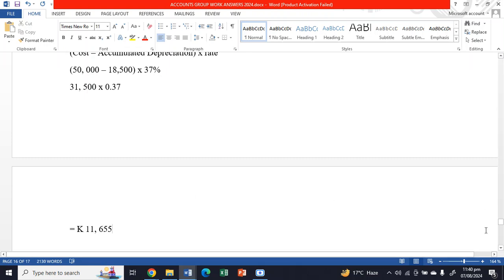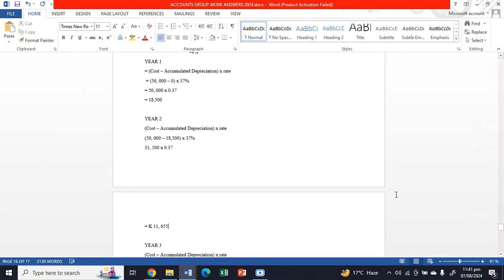So as we said, with the reducing balance method, the depreciation expense as the years go by is going to be reducing.